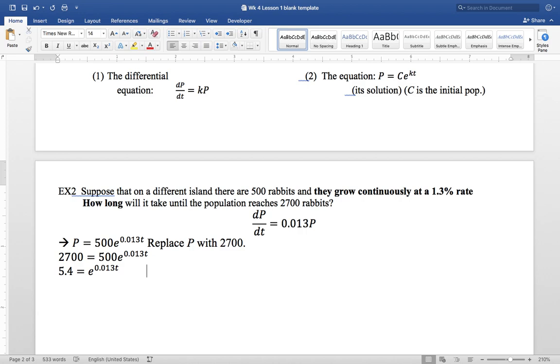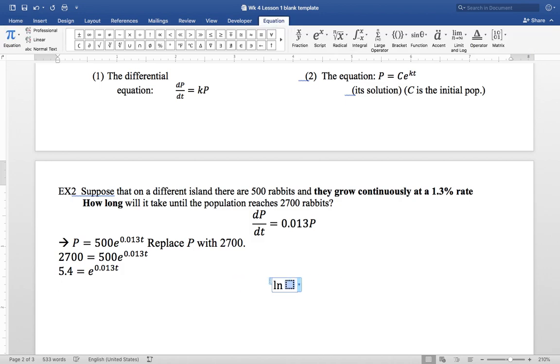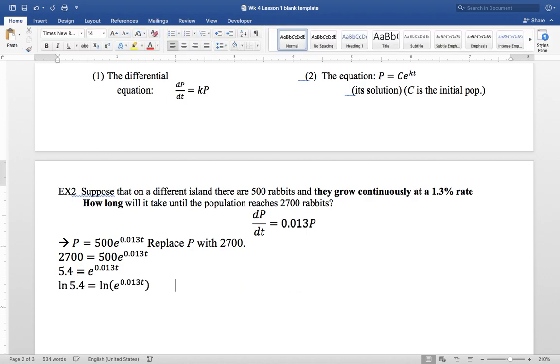Now what you have to do is take logarithms. The reason why is that your independent variable t is stuck inside of an exponent, and the way to get variables out of exponents is to take logarithms. So I'll take the natural log of both sides. I find that natural log of 5.4 is equal to natural log of the whole right-hand side. The good news is the right-hand side cleans up a lot.